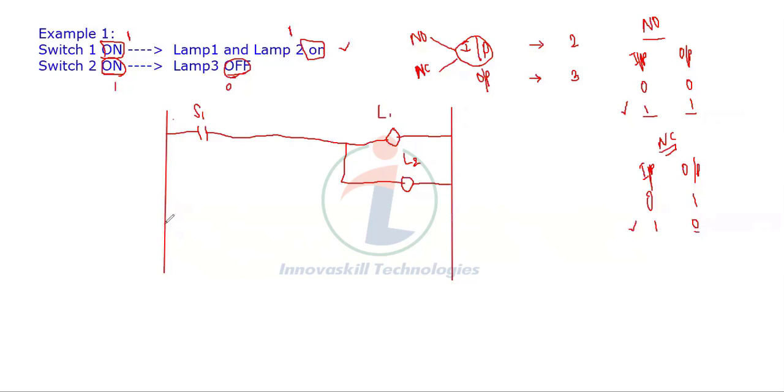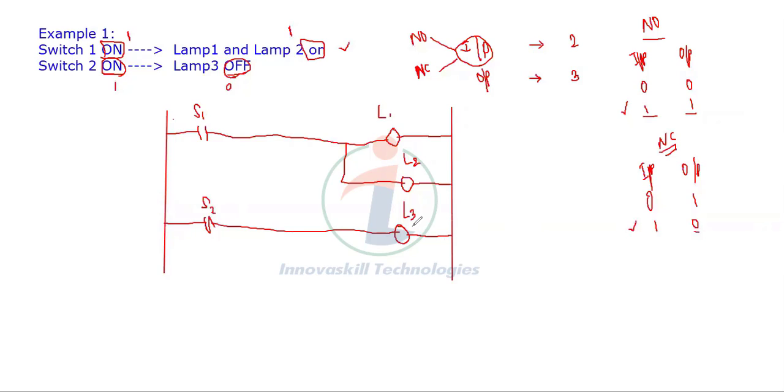So switch 2 should be used as NC, and this should be connected with L3. So this is how we have to do the program.